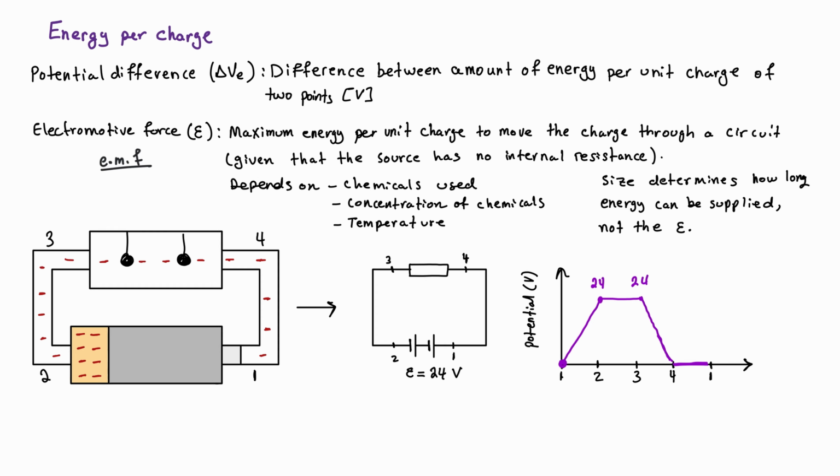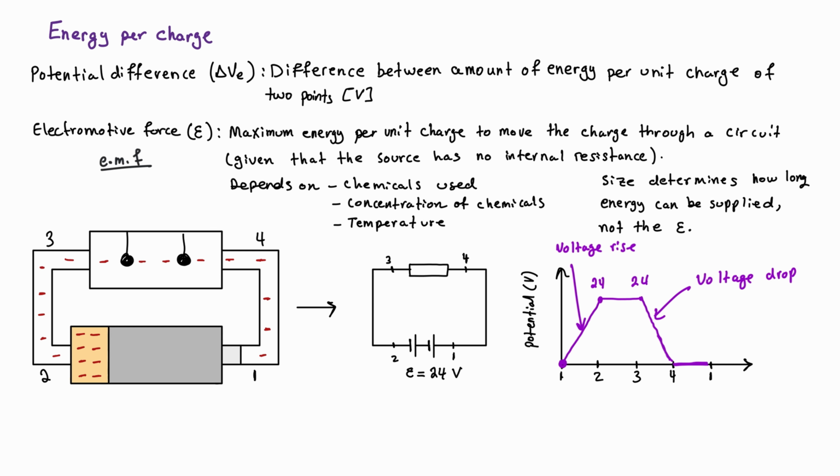From 1 to 2, when they go through the source, they're gaining potential, and this is often called a voltage rise because the potential to do work is increasing. And when they go through a load, this section is called a voltage drop because the potential to do work reduces.